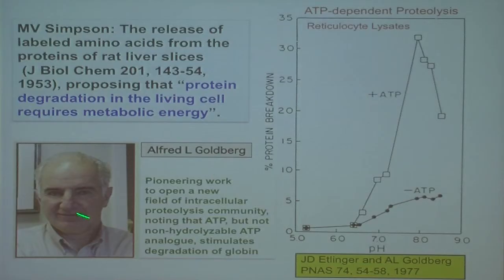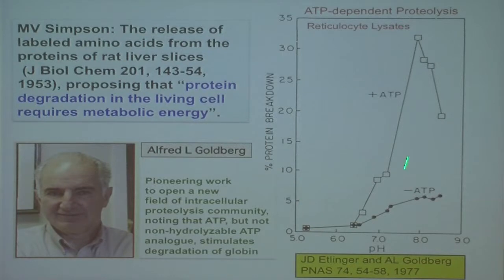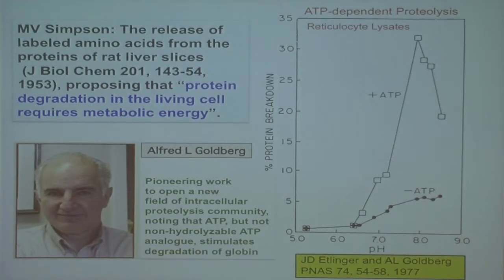But 25 years later, Dr. Alfred Goldberg developed a cell-free system using reticulocyte lysate. As you can see on the right, ATP greatly stimulates the degradation of abnormal protein. This requires ATP energy, because non-hydrolyzable ATP does not produce this stimulation.